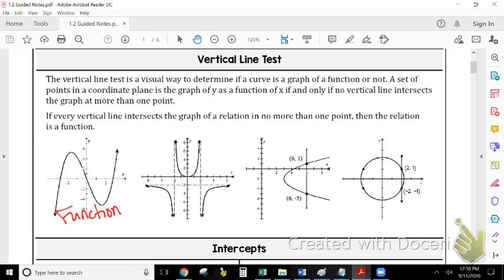Look at this one. So when we draw a bunch of vertical lines here, there's a couple places here that I'm worried about. And so I want us to take note of them. All right? So I'm looking at, let me just erase all these.